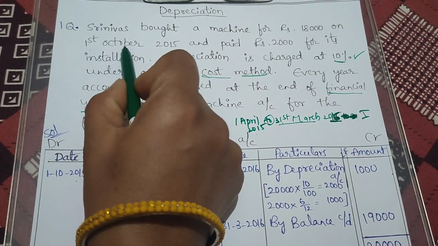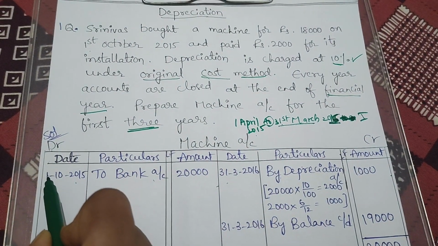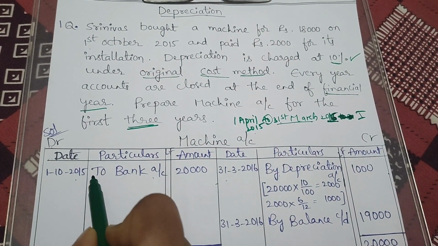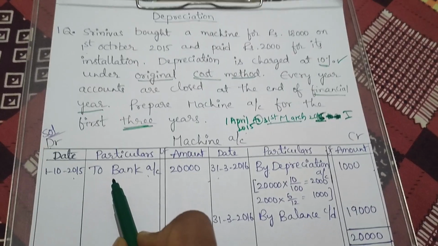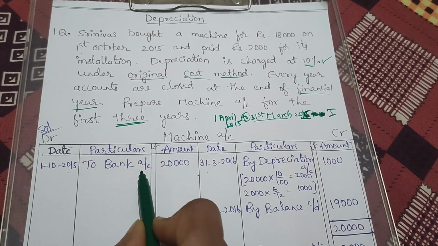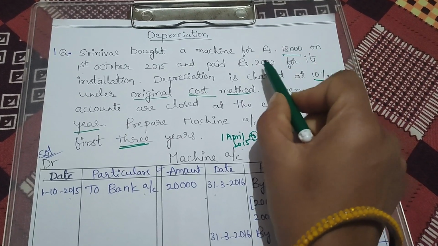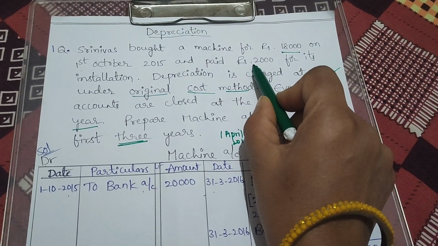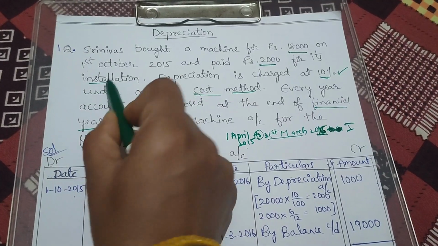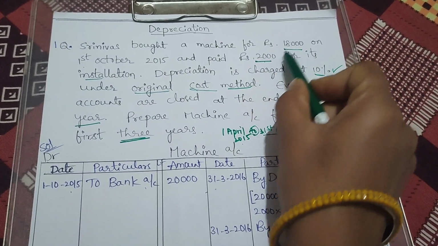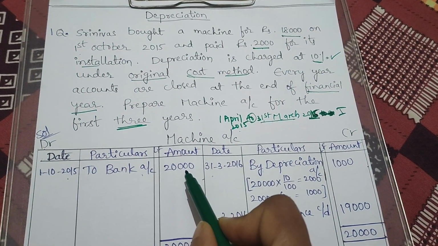We write 1-10-2015. Since we are purchasing, we write to bank account. And what is the asset value? Purchasing price is 18,000 and installation charges are 2,000. So total 20,000. We should write 20,000 here.